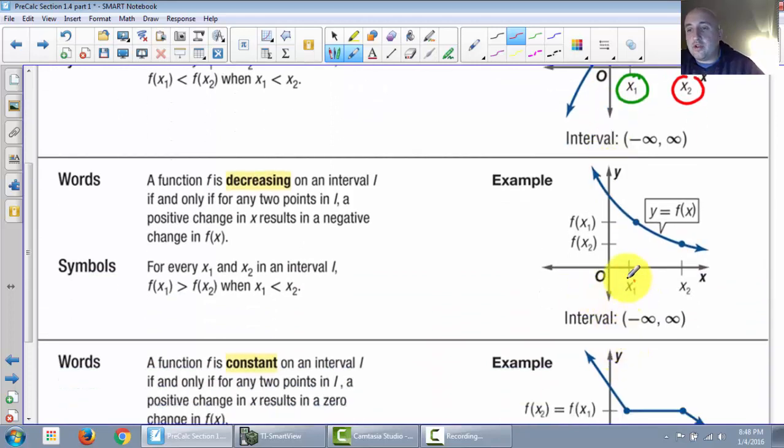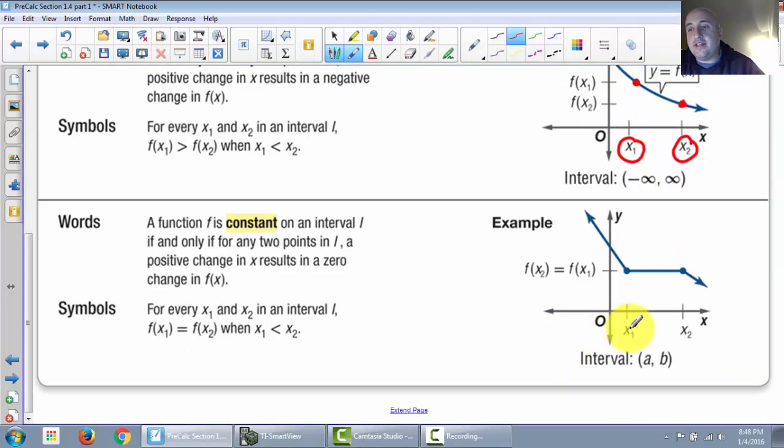Same thing here. If I plug in x1 and I get f of x1, and then I plug in x2 and I get f of x2, if this number is smaller than the one on the left, then it's decreasing. And lastly, if I plug in x1 and x2 and I get the exact same y value, then you know it is flat or constant. So this chart explains those ideas.